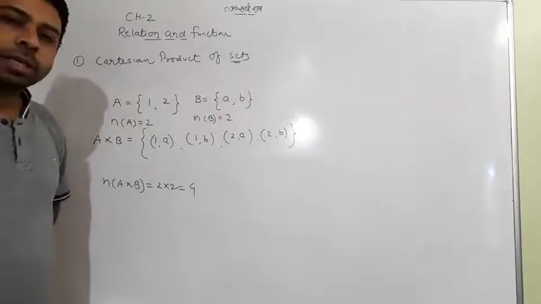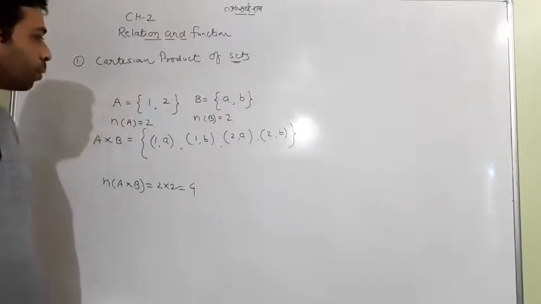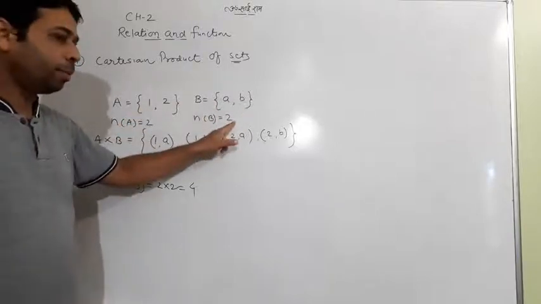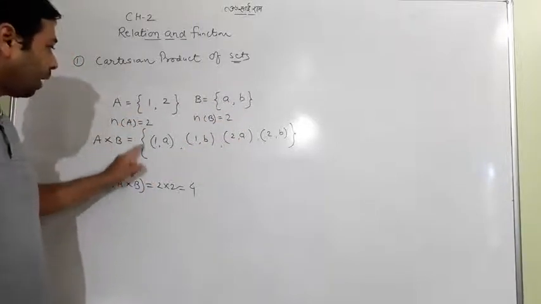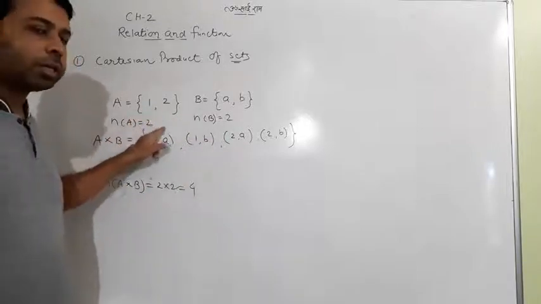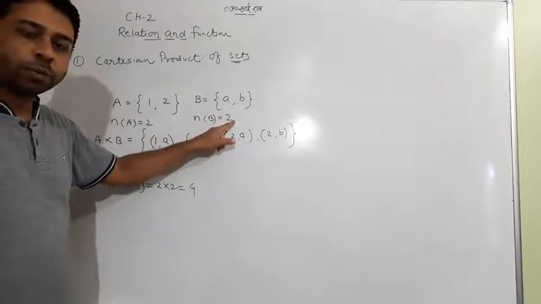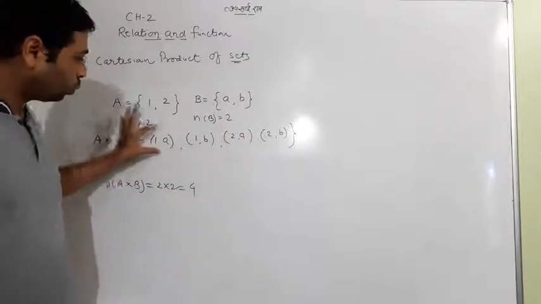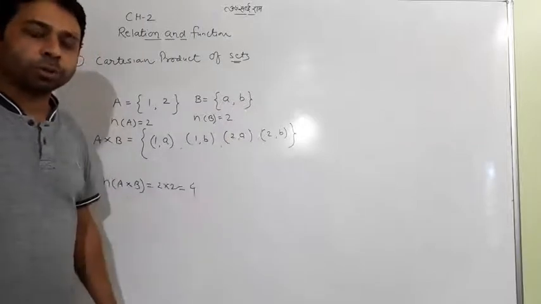You can take many examples from your side. If each has two elements, their Cartesian product will have 2 twos are 4 elements. Suppose one is having 3 elements and the other 2 elements, so the Cartesian product will have 3 into 2, meaning 6 elements. So you also can form the Cartesian product from your side.